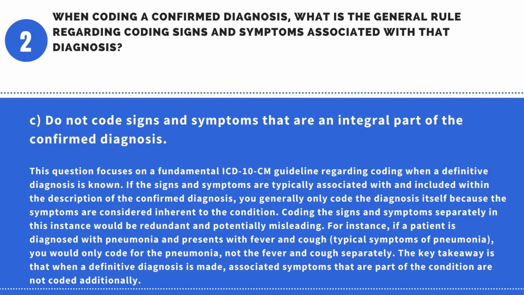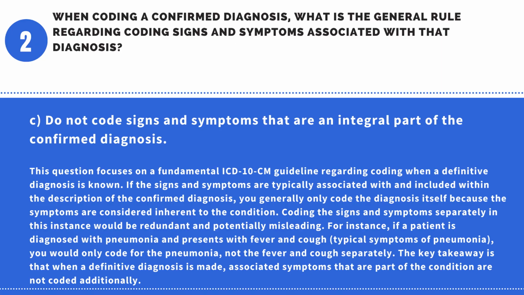This question focuses on a fundamental ICD-10-CM guideline regarding coding when a definitive diagnosis is known. If the signs and symptoms are typically associated with and included within the description of the confirmed diagnosis, you generally only code the diagnosis itself because the symptoms are considered inherent to the condition.